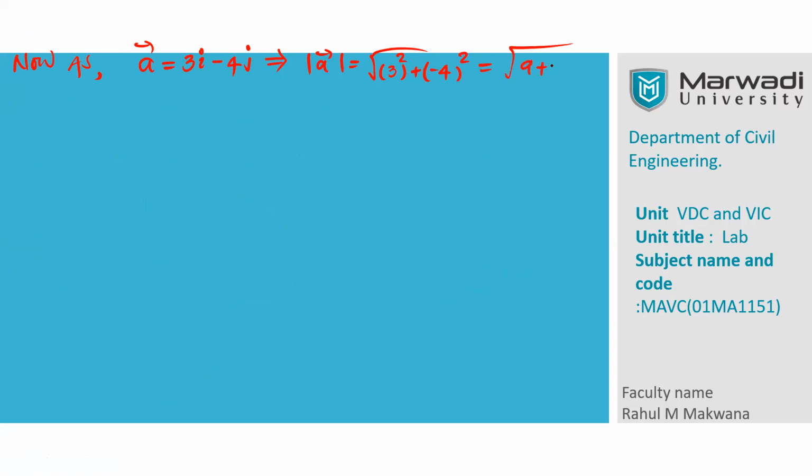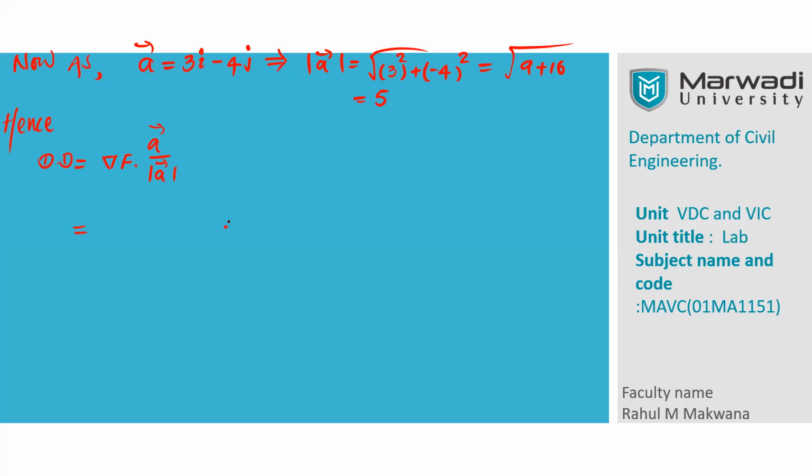So we have 9 plus 16. So magnitude is equal to 5. And hence the directional derivative is nabla function dot vector upon magnitude. This is the formula.